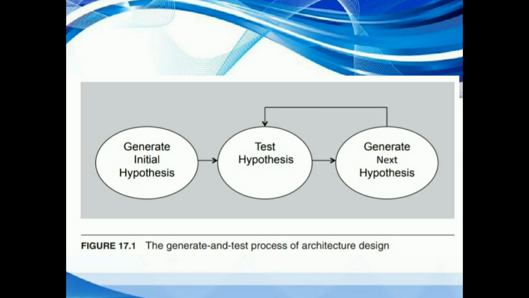In that final step, you are done with the generate and test process when you either have a design that satisfies the ARS, or when you exhaust your budget for producing the design. If you do not produce such a design within the budget, then you have two options.